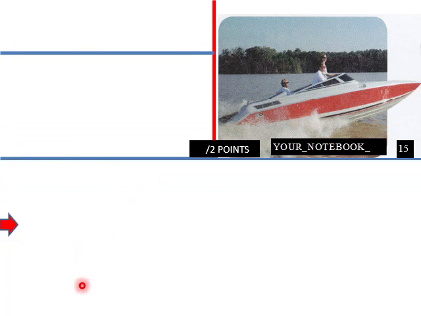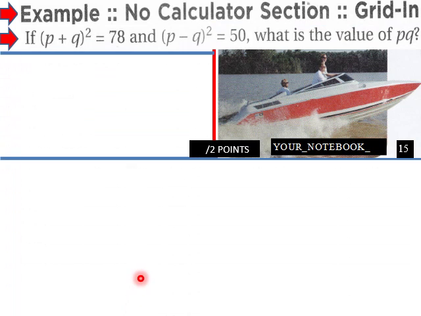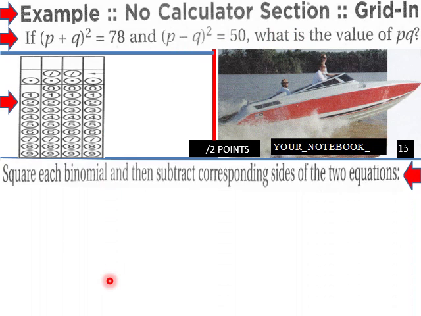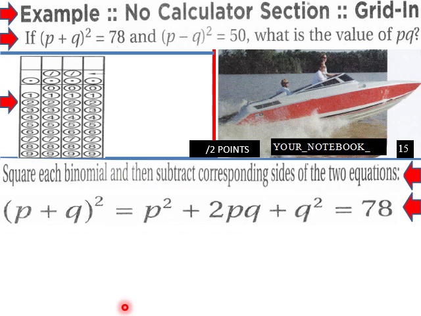To page 15 of this lesson here, example no calc section. We have these two expressions here. What is the value of pq? Square each binomial, then subtract corresponding sides of the two equations. So square each binomial here.